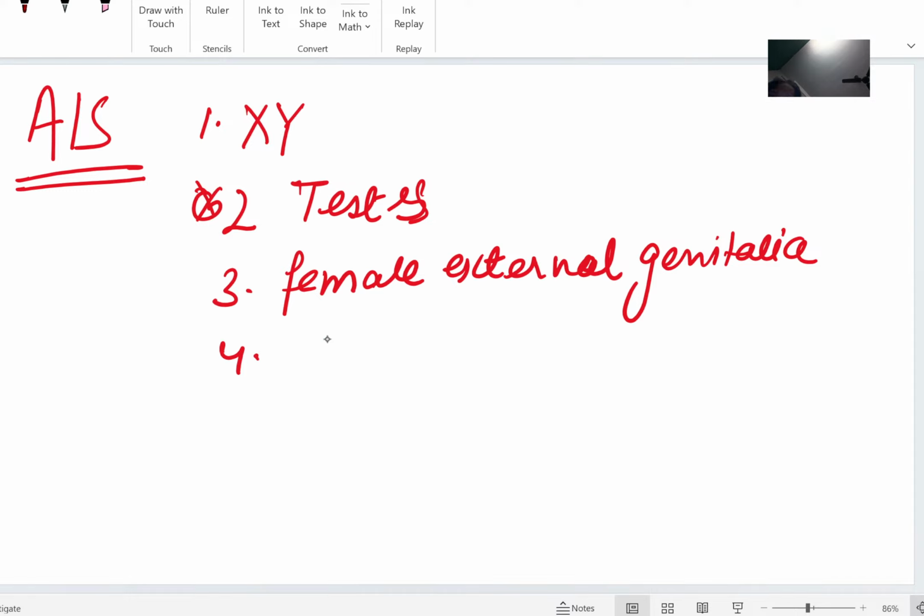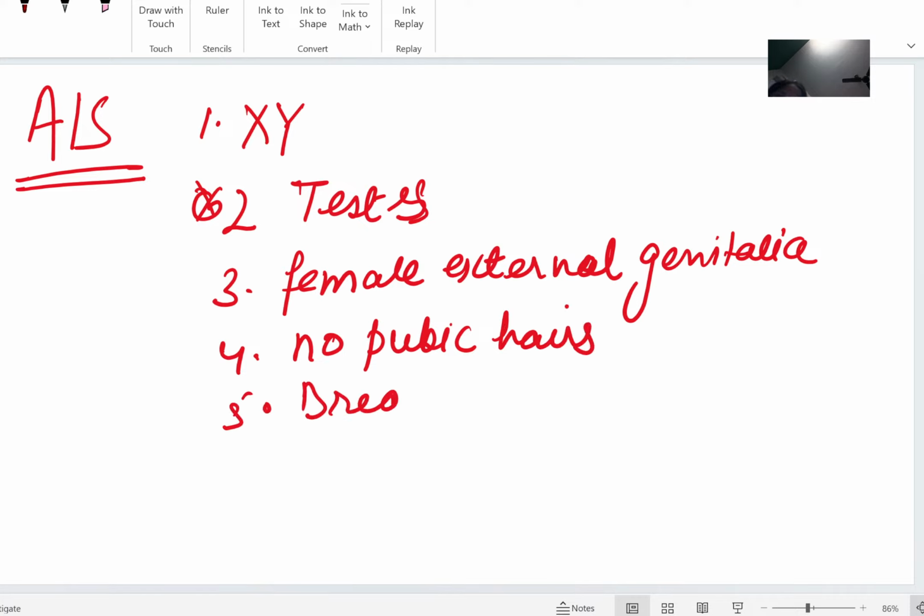Number 5, no pubic hairs. And number 6, breast present. So these are the peculiarities of androgen insensitivity syndrome, right? If you remember these points, you will never get any question on androgen insensitivity syndrome wrong.